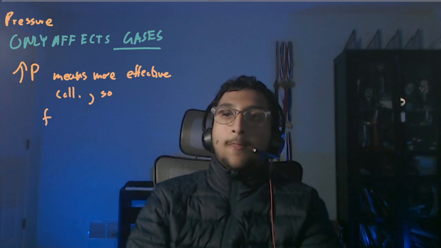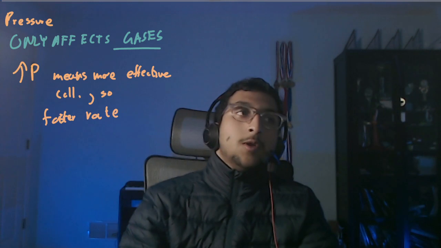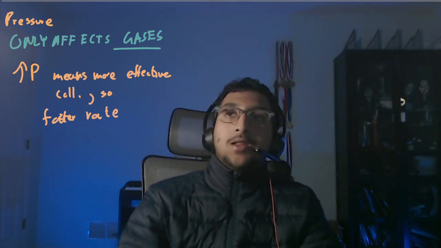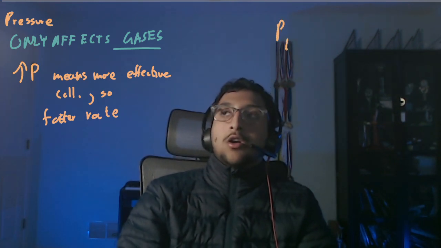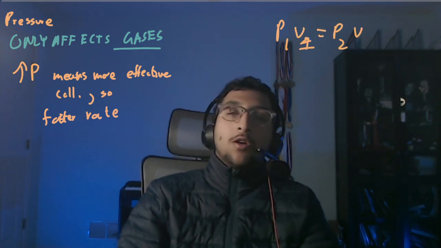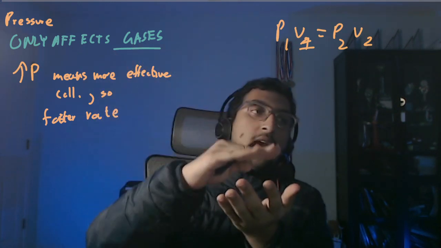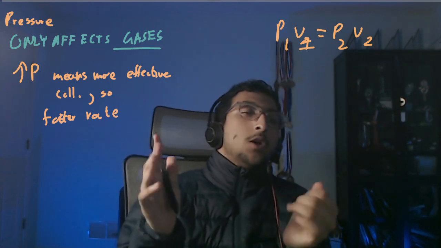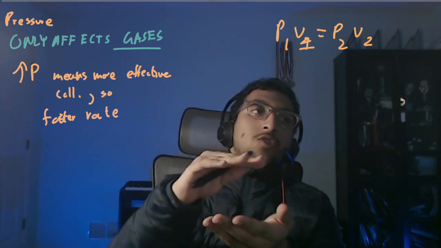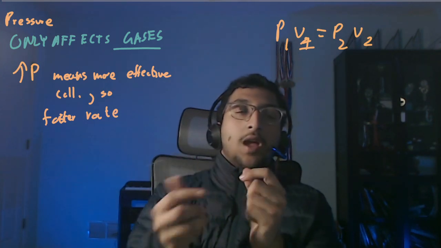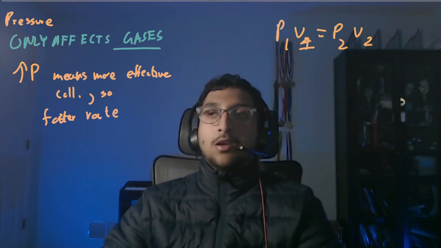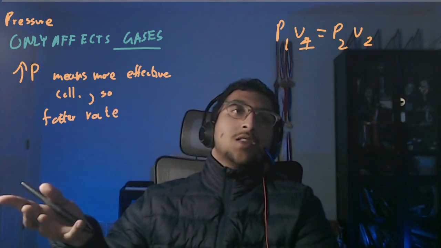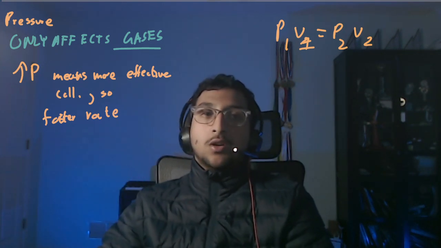So faster rate. And remember, you can only increase pressure generally by decreasing volume. The law between P1 V1 and P2 V2. So you can think of it as, more pressure means less volume in general. So there's only so much room now for molecules to bounce around, meaning there's a higher chance that two molecules will see each other and collide. And it's probably a higher chance of being effective, so it'll increase the rate of reaction.